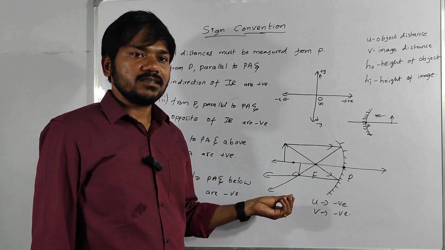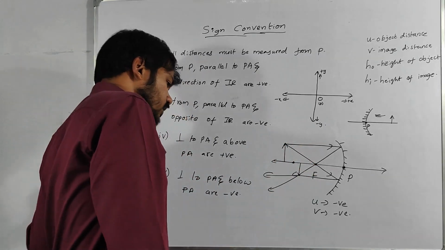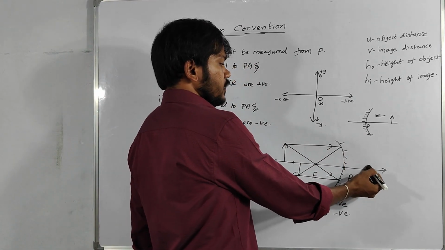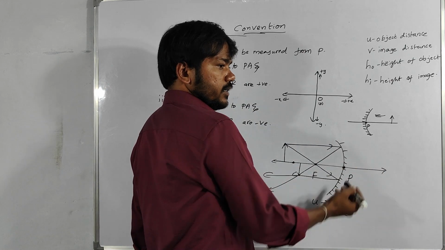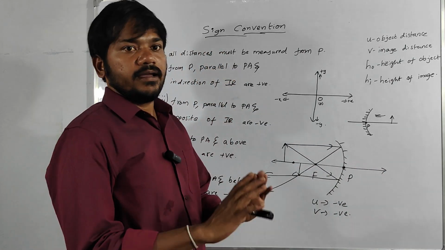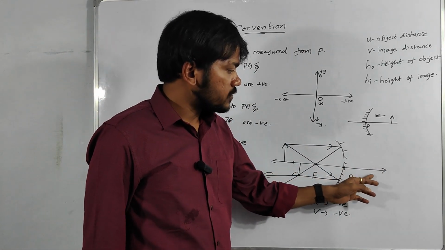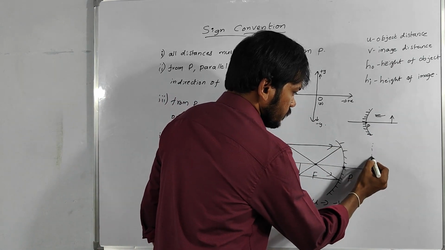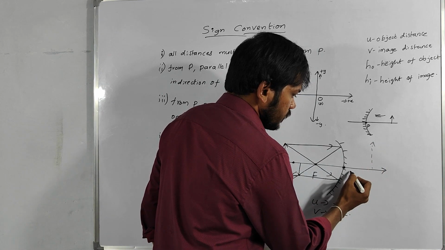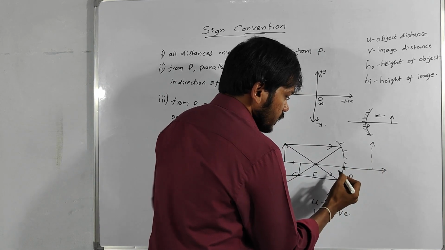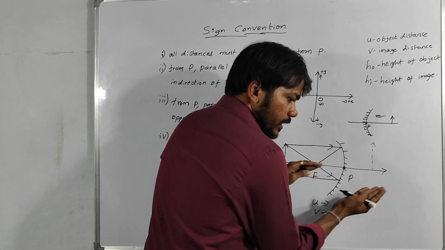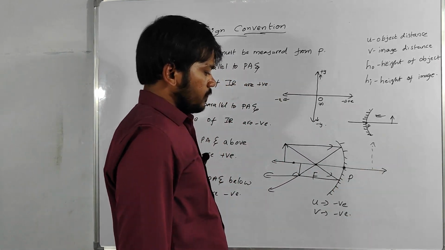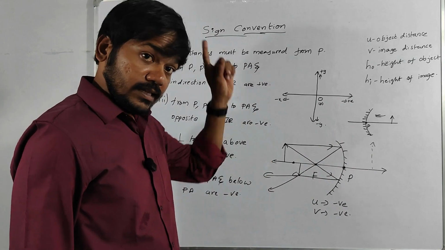Initially it will be point size, then it will keep on increasing in size. And in the last case, where the image is formed behind the concave mirror, there V also will become positive, because it is in the direction of the incident ray parallel to the principal axis. So V will become positive there in the last case.